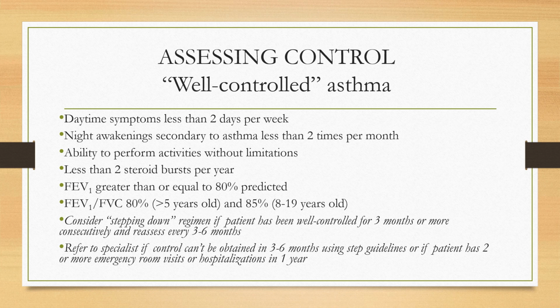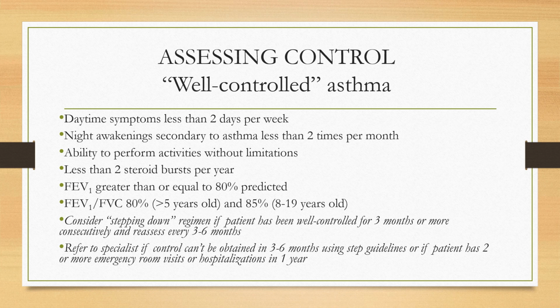You have less than 2 steroid bursts a year. What that means is that you're on oral steroids less than 2 times a year, that your FEV1 is greater than 80% of predicted for those that can do PFTs. And if you can do a PFT and you're between the ages of 8 and 19, your FEV1 over FVC is 80% or 85% for the 8 to 19 group.